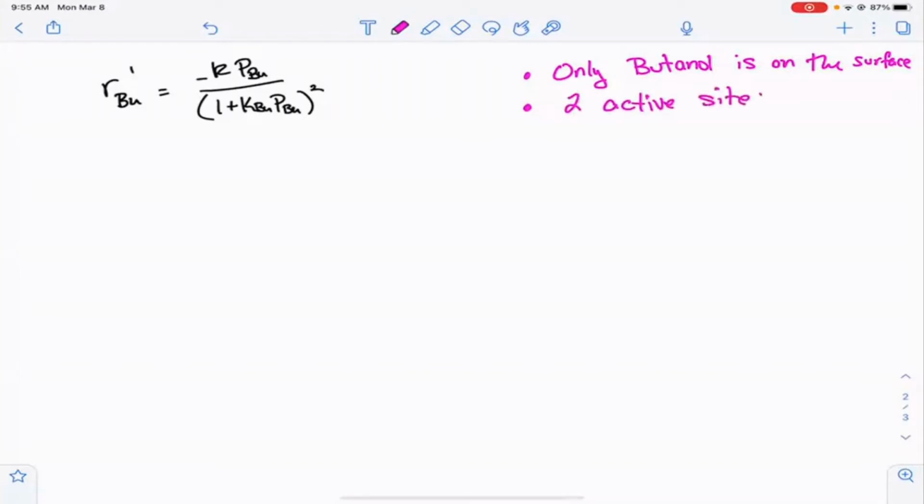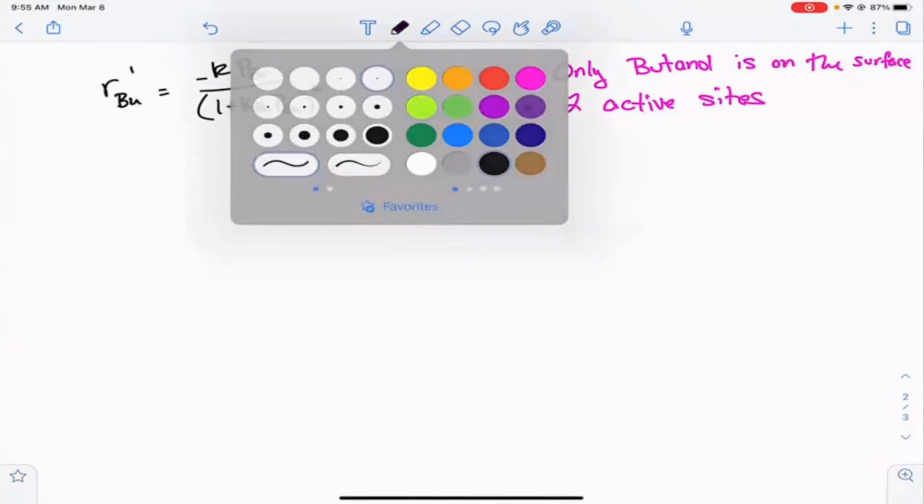Great. All right, perfect. So right now, we know that only butanol is on the surface. We have two active sites in the mechanism to get us to C_V squared, okay? And that's kind of all we know from this, from the rate law.